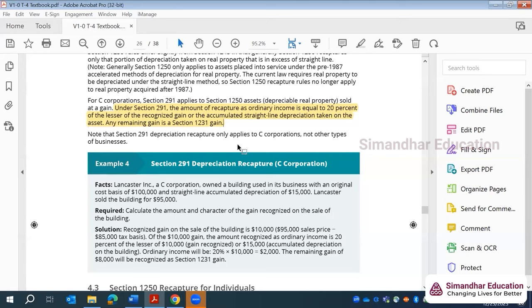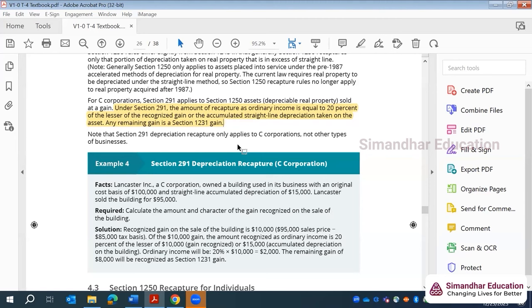So first of all, tell me what is going to be your Section 291. Section 291 means that you have to take 20% of the recognized gain or accumulated straight line depreciation. Here, your accumulated depreciation is $15,000, but your basis is $85,000 and your sale price is $105,000.